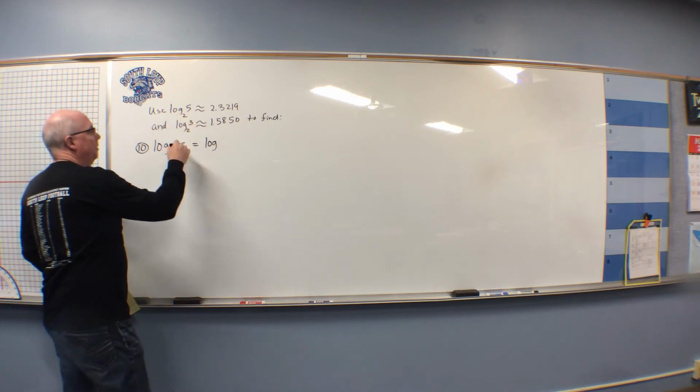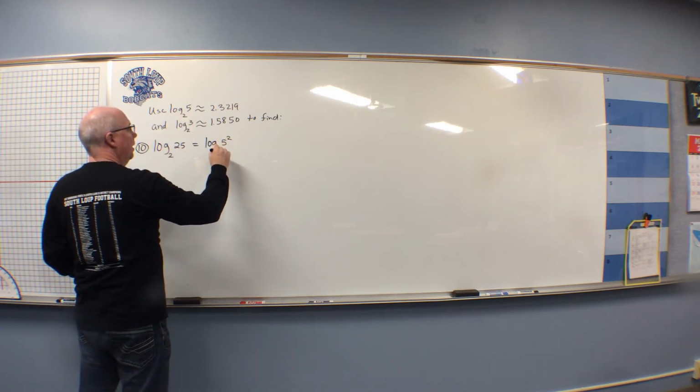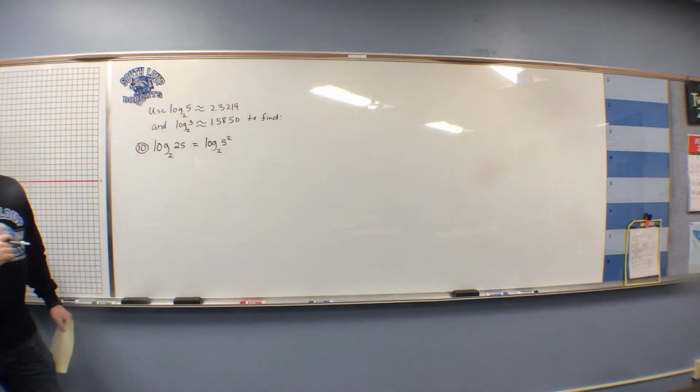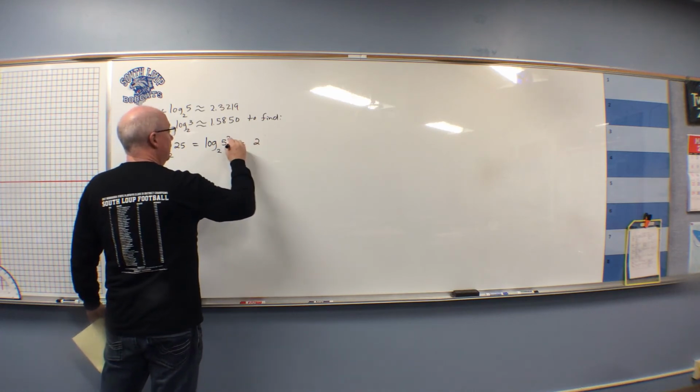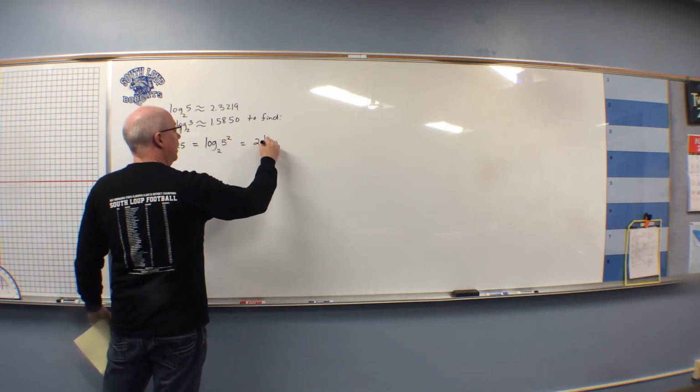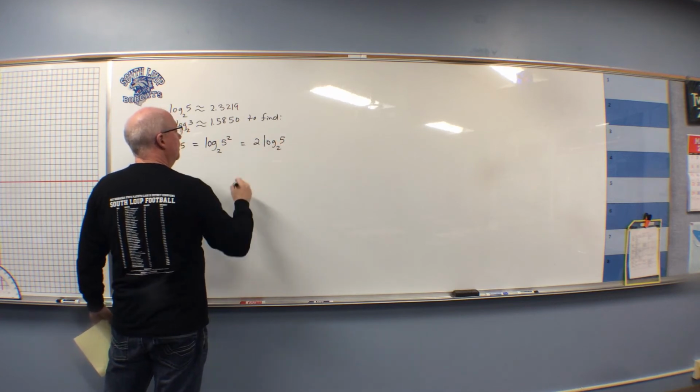I know that 5 squared is 25, so I can rewrite that as the log of 5 squared base 2. Using the power rule, I can put the 2 in front, so I have 2 times the log of 5 base 2.